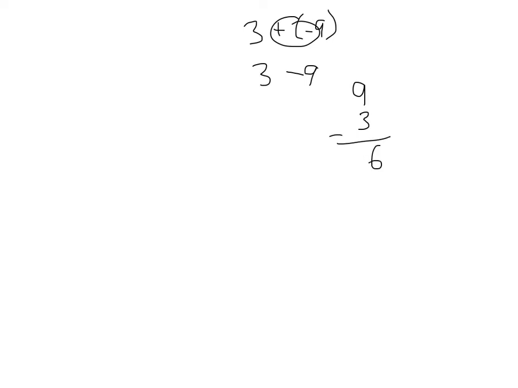What we've done is we've temporarily suspended this negative sign, because 3 minus 9, technically the sign of the 9 is negative. So I've just pretended for a second that it's a positive 9. I've taken 9 minus 3, and we got 6.